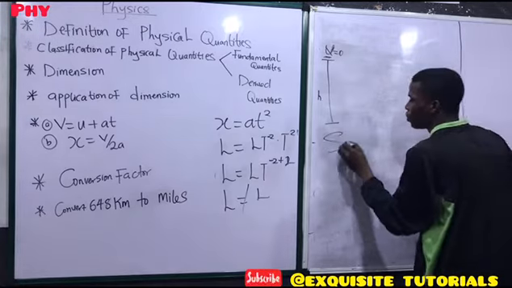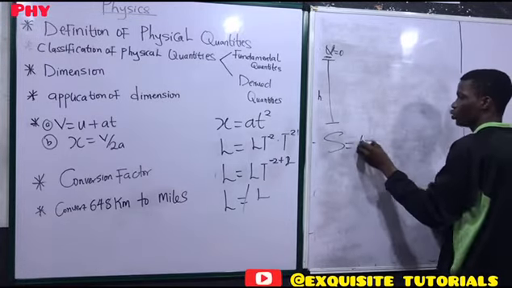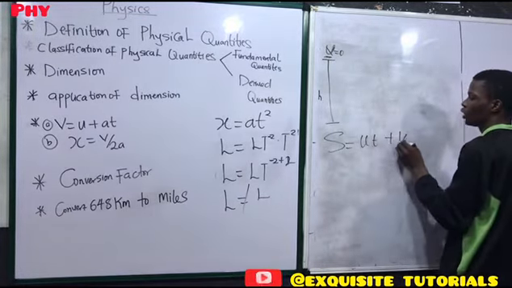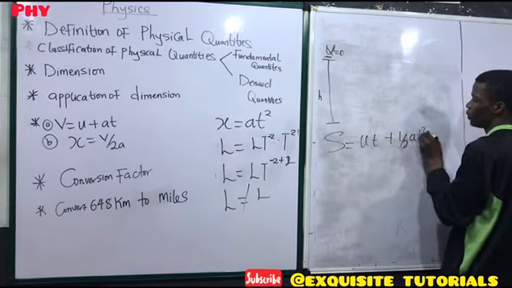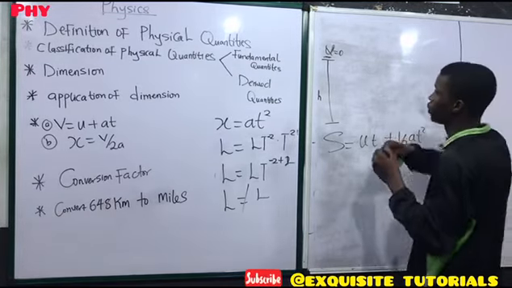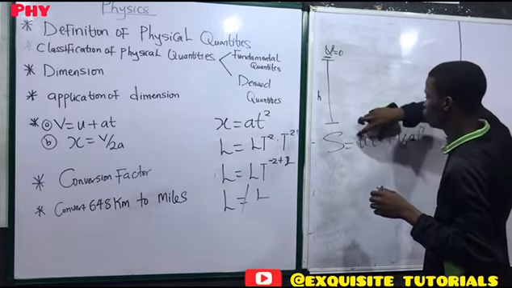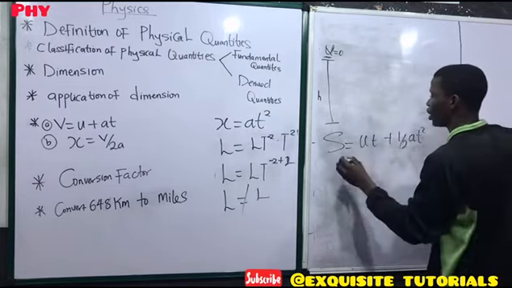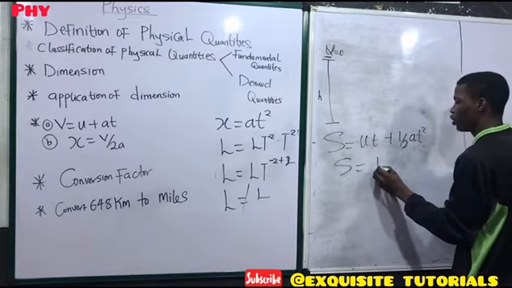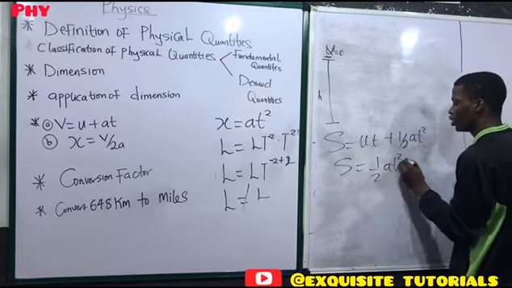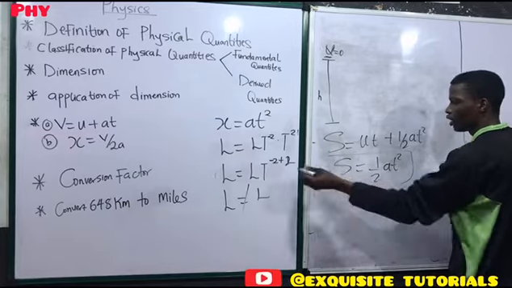We can use our normal motion formula, s equals ut plus 1 over 2 at squared. At the top, our initial velocity is equal to 0, so that term is 0, and our x is equal to 1 over 2 at squared. So this is where they brought this formula from.